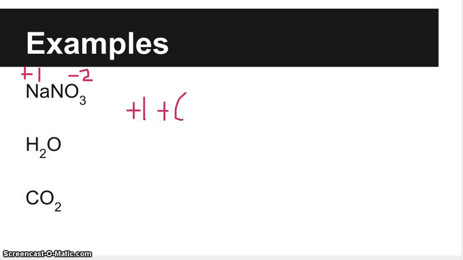Oxygen is giving me -2, but there are 3 of them, so I'm going to multiply that by 3. And then what's left is I have 1 nitrogen to fill in.